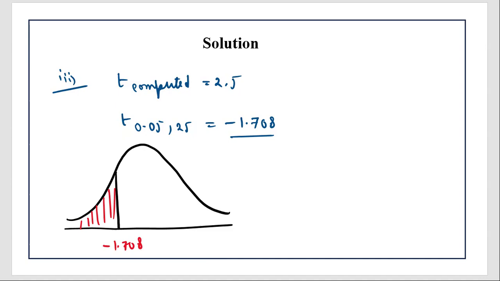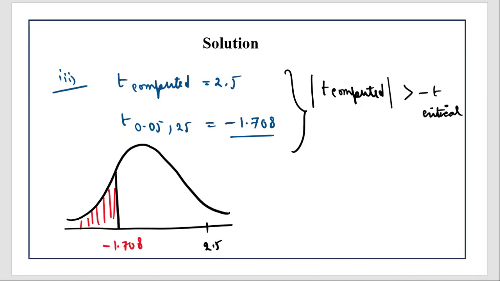So what we can say? This is 2.5. This is the computed value and is this in the rejection region? The answer is no. Now, the t computed value is greater than minus of t critical value.